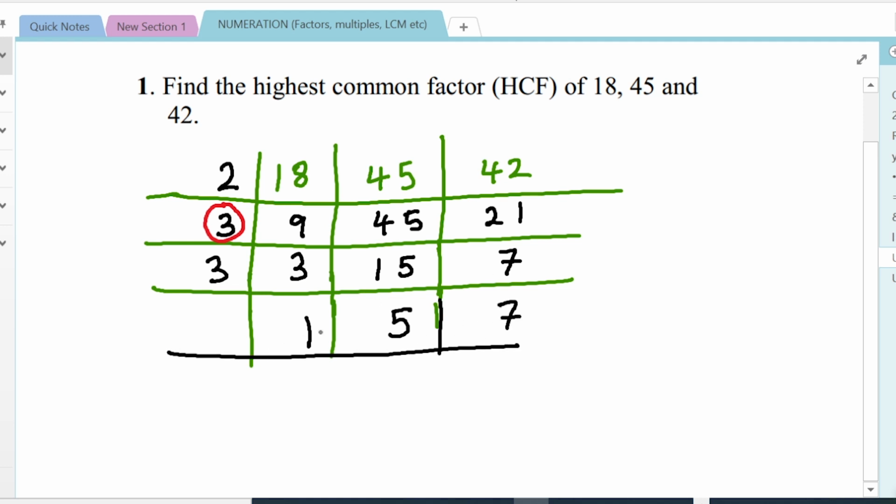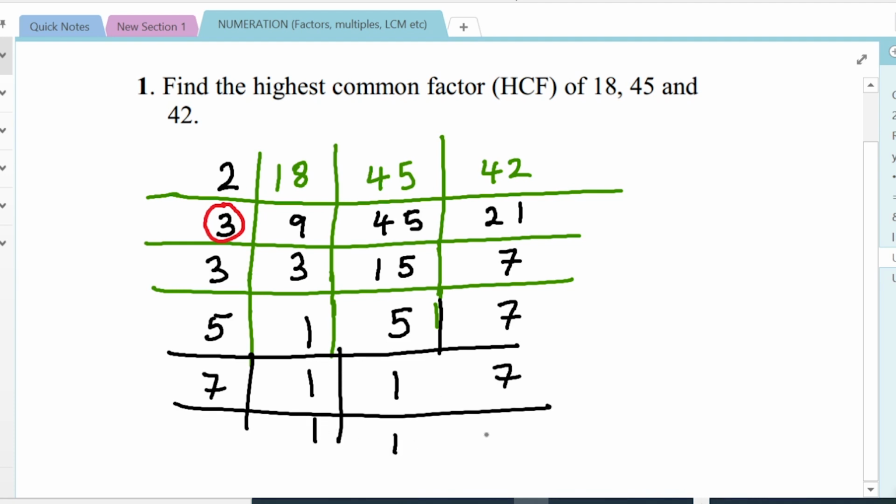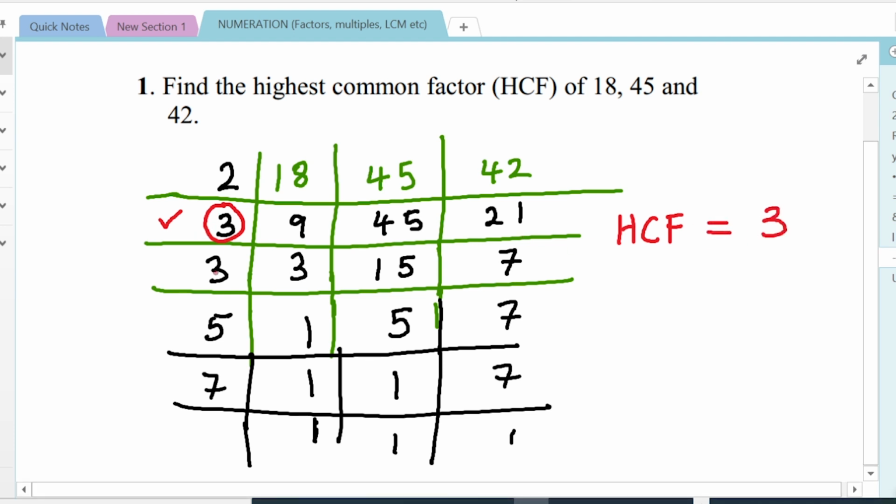So again, we proceed, divide through 5, that is 1, 1, 7. We use 7 here, and we shall end up with 1, 1, 1. So from here, we now find what is the highest common factor. The highest common factor is the number that was able to divide through everything, which is 3. Of course, if there are multiple numbers, you multiply them. So here the answer is 3.